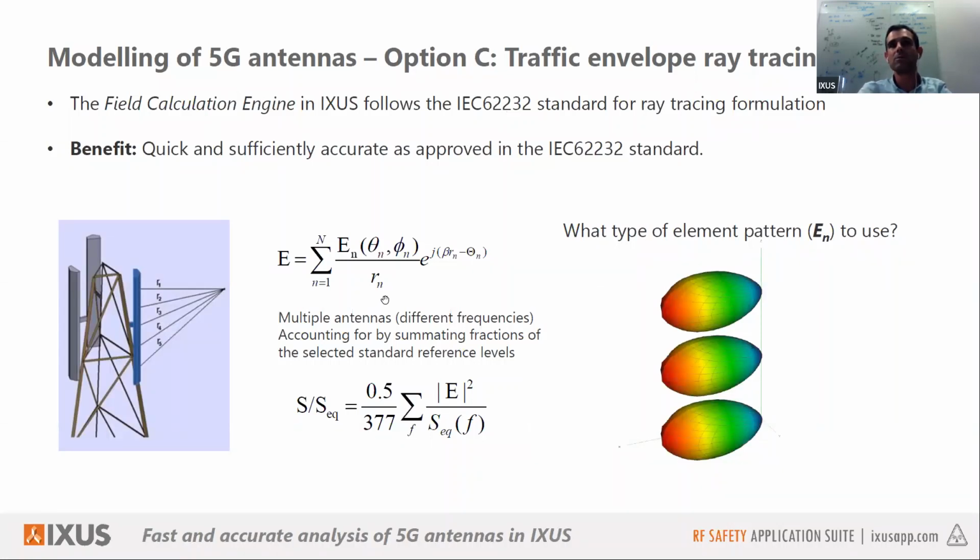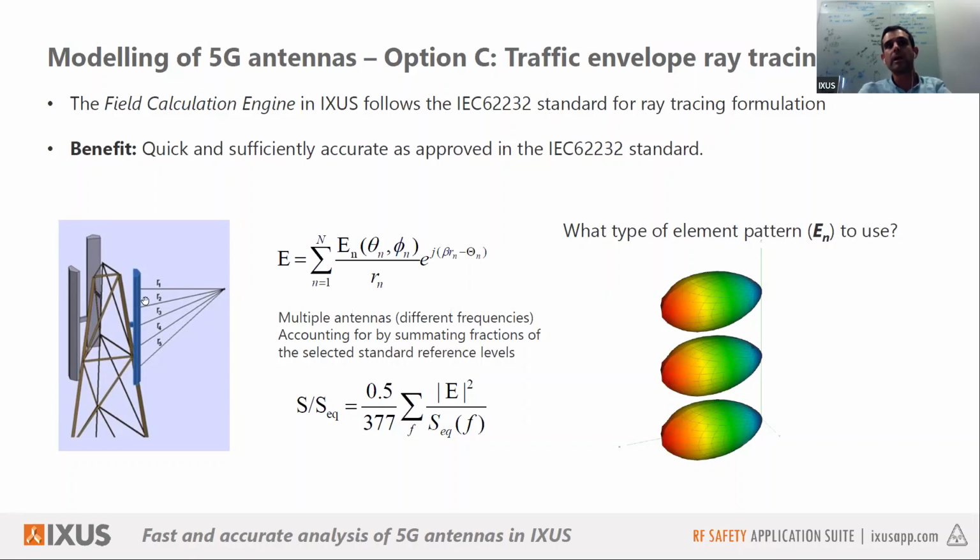I promise that I won't show too many formulas, but here's one that's important. This is what I mean by saying that we combine these rays. We take an antenna. We don't know what's going on inside. We only know its fields, its radiation properties. We build up an element pattern, and then we apply that element pattern to a number of point sources in that array. We don't know how many, and we don't know the spacing, but I'll get to that in a minute.